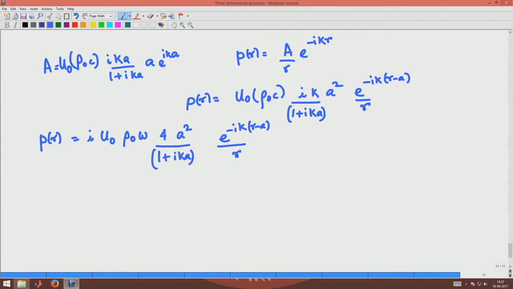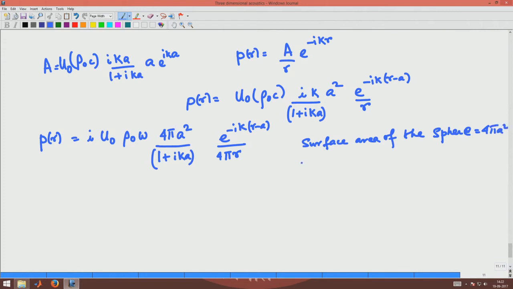So, what we will do is we will multiply and divide by this number 4 pi, and as you know 4 pi a square is the surface area of the sphere. That is 4 pi a square.